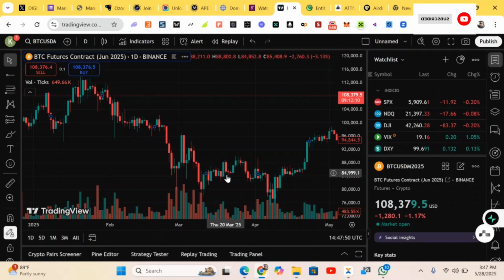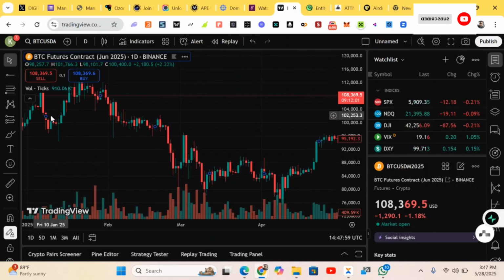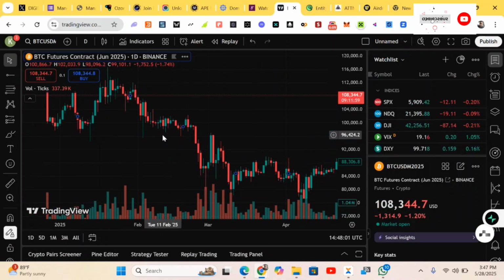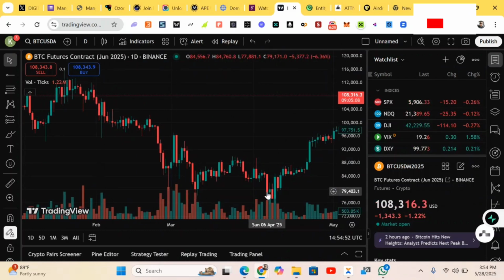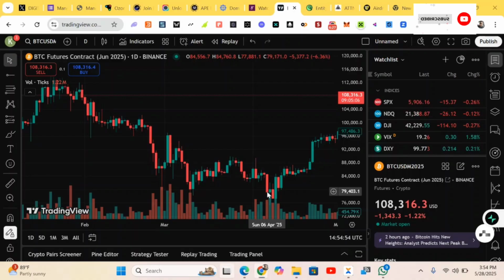You can also use this as an example, but it's not good enough. So let me see. We have it over here, as you can see, where the sellers came and pushed it downward to this level.